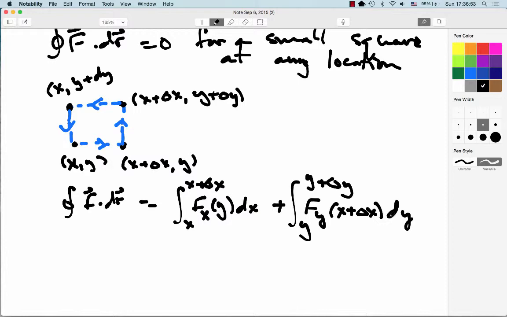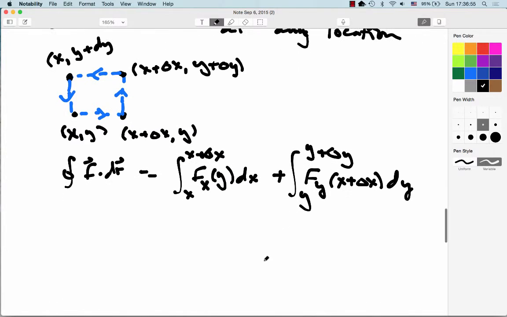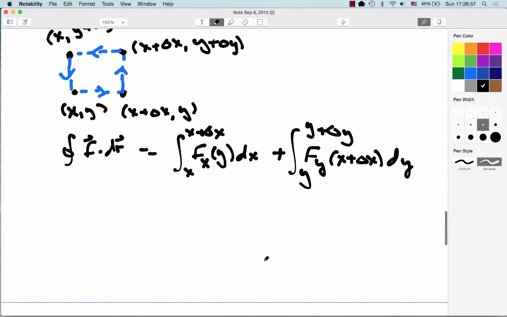All right. Now, for the next 2 legs here, I'm going to write them a little weirder than makes sense, but I promise you it will make some sense. Now, in this next leg here, I'm going to get something that's going to look like f sub x at y plus delta y dx.